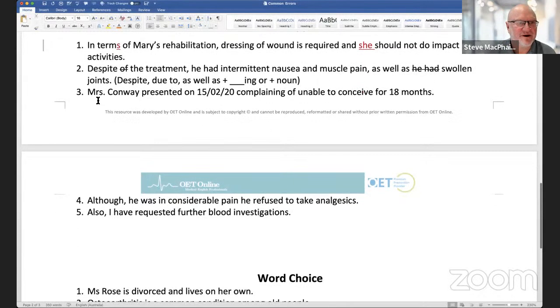All right, let's try the next one. Mrs. Conway presented on this date complaining of unable to conceive for 18 months. So we got "complaining of." Can anyone work out what sort of word goes in here?